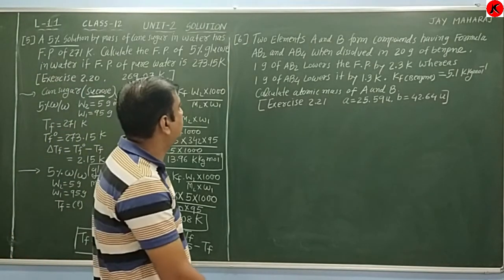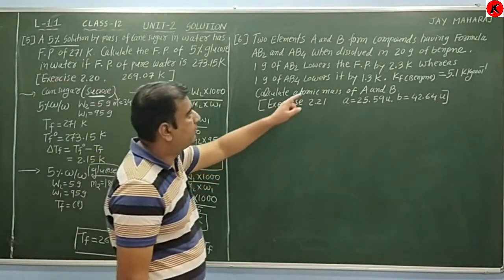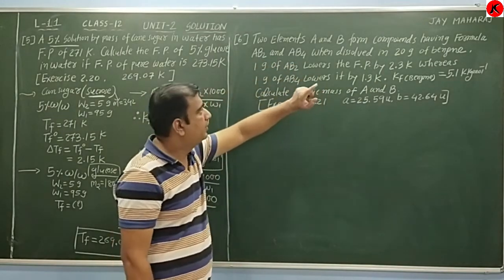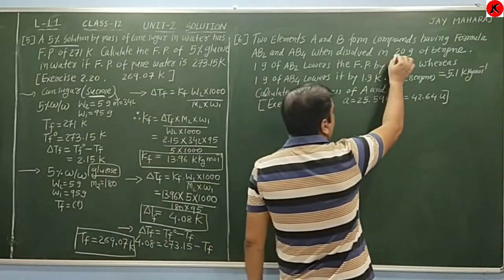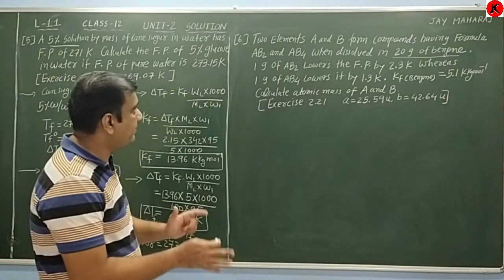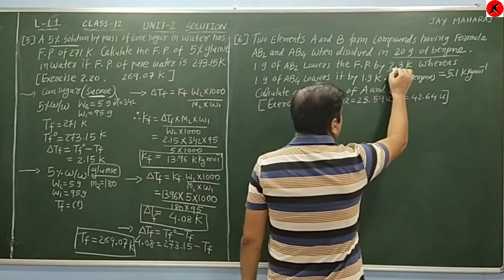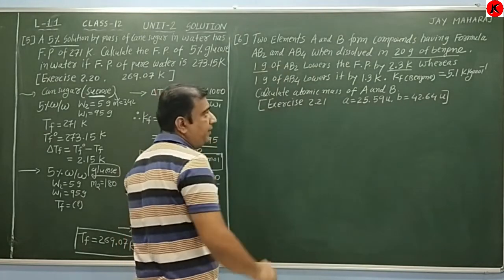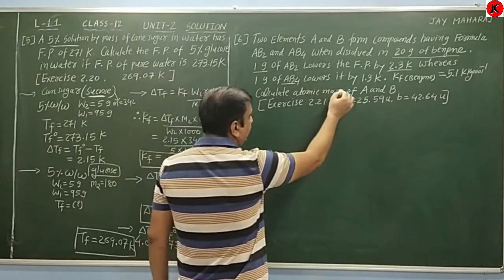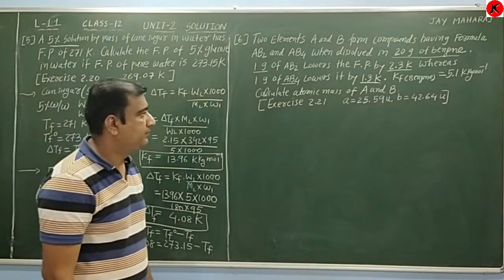Now the next example: two elements A and B form compounds having formulas AB2 and AB4. When dissolved in 20 gram of benzene, 1 gram of AB2 lowers the freezing point by 2.3 Kelvin, whereas 1 gram of AB4 lowers the freezing point by 1.3 Kelvin.